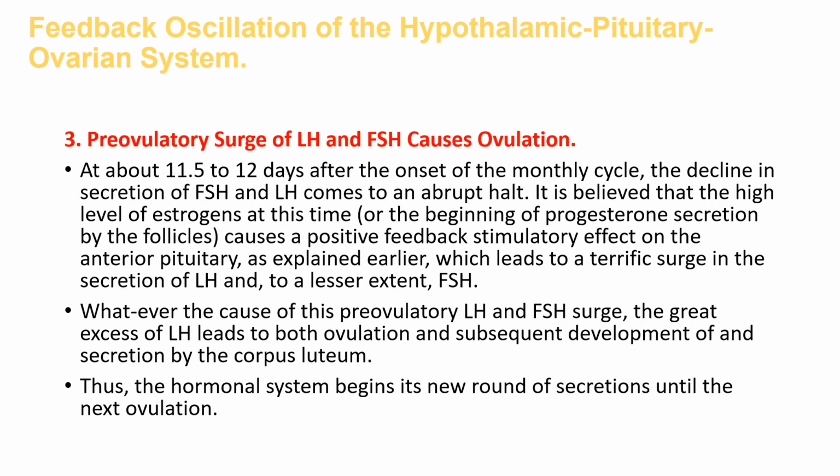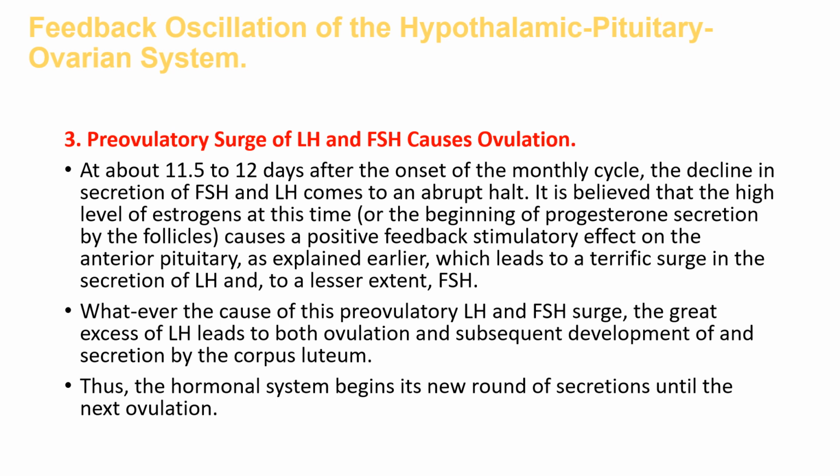3. Preovulatory surge of LH and FSH causes ovulation. At about 11.5 to 12 days after the onset of the monthly cycle, the decline in secretion of FSH and LH comes to an abrupt halt. It is believed that the high level of estrogens at this time, or the beginning of progesterone secretion by the follicles, causes a positive feedback stimulatory effect on the anterior pituitary, as explained earlier, which leads to a terrific surge in the secretion of LH and, to a lesser extent, FSH.